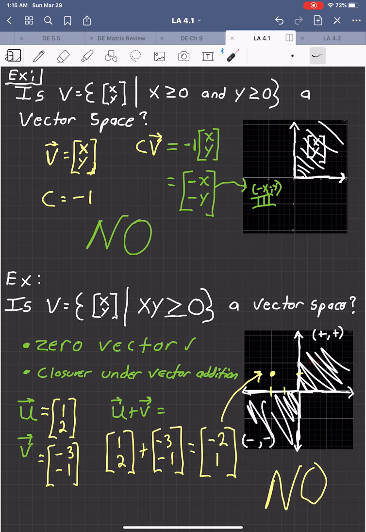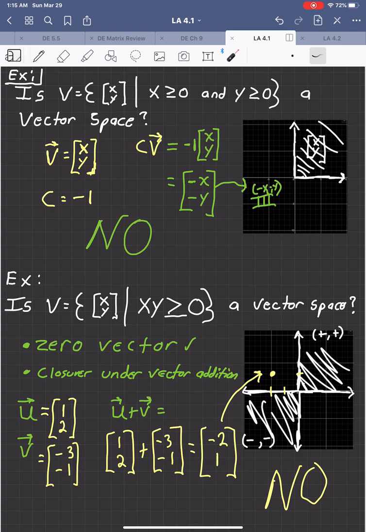What if you did this 10 times, and every time you did it, you kept getting points in the region? What can you conclude? Nothing. You cannot show it by just choosing points, right? You would have an infinite amount of summation to do to be able to make this statement.